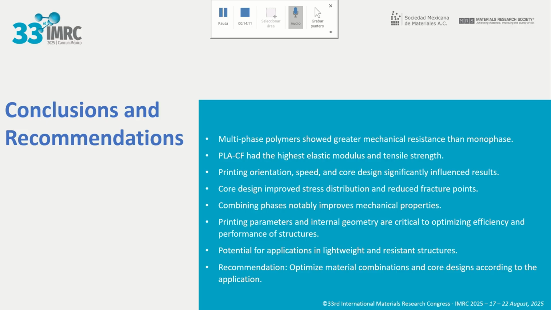The results obtained confirm that the multiphase configuration of polymer materials, when correctly designed, can significantly improve the mechanical properties of a structure, showing that the stress-strain properties of the simple multiphase structure are lower than those of the multiphase structure with a core.